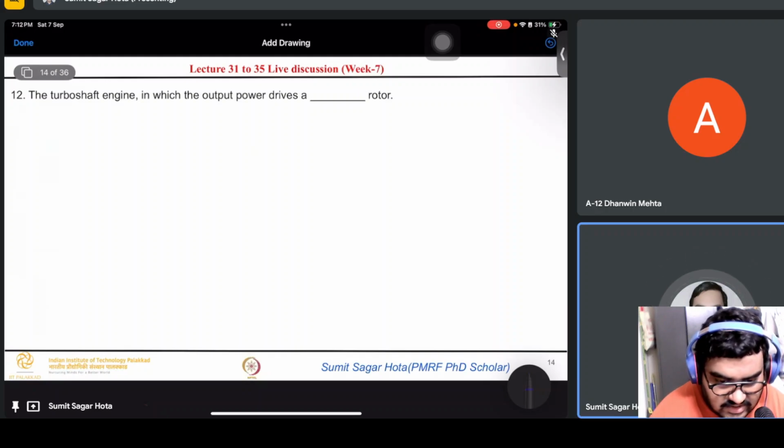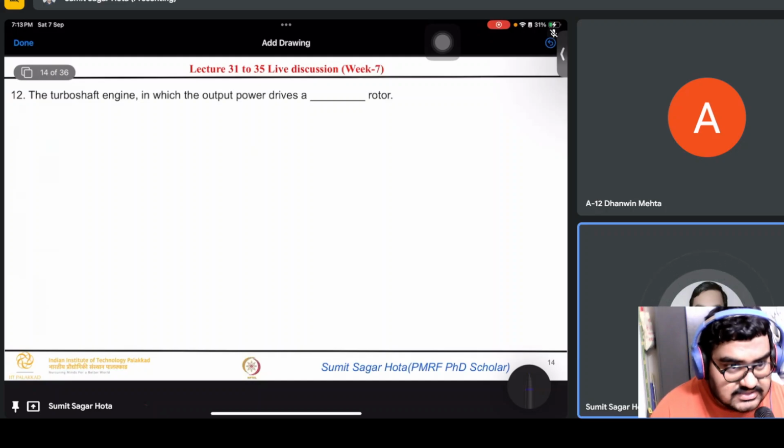If there were no tail fan, instead of going directly up, the whole helicopter would rotate. So to balance the helicopter, the backside fan is there, and the upside fan is only to give the thrust. So that's the idea for a helicopter or a turboshaft engine.